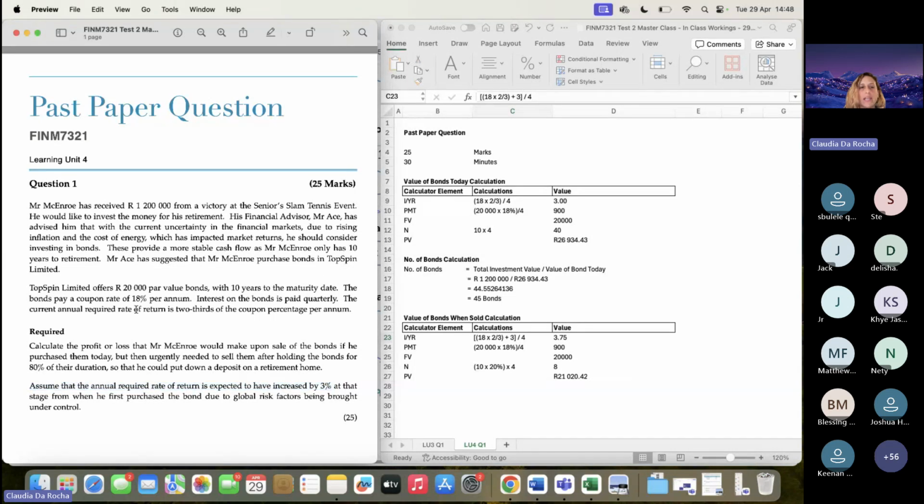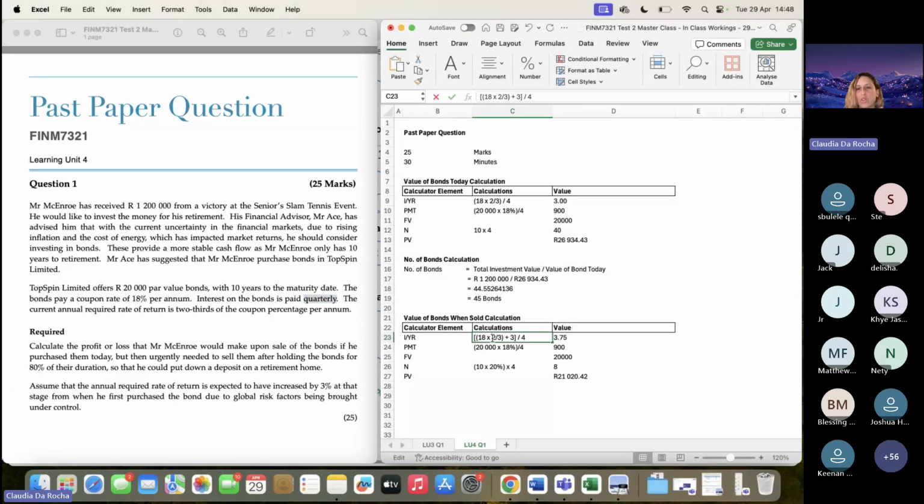So I'm taking my original required rate of return, which is 2/3 of my coupon percentage, I am increasing it by 3% as per the question, and then I'm dividing it by 4 because we have quarterly compounding. That's why I've got 18 times 2 over 3 plus 3, divided by 4. I hope that clarifies it now for you.